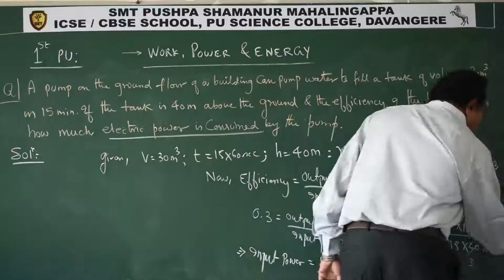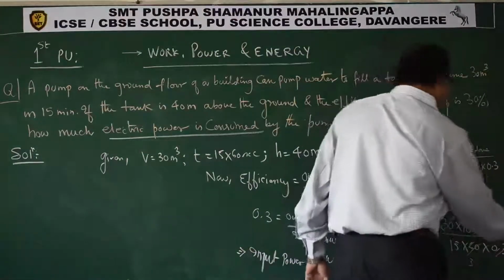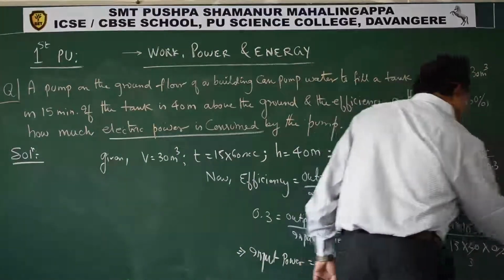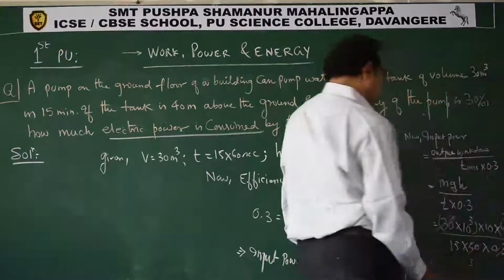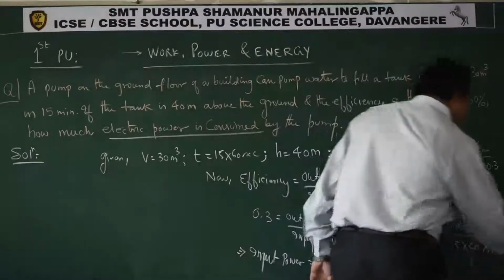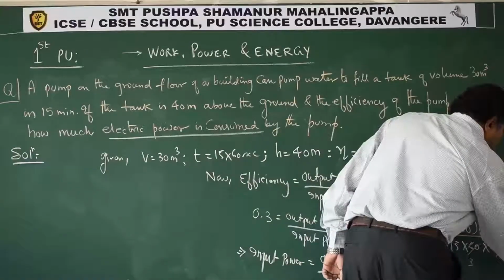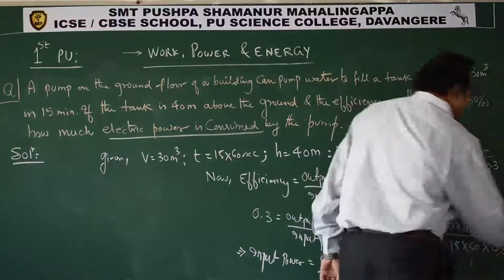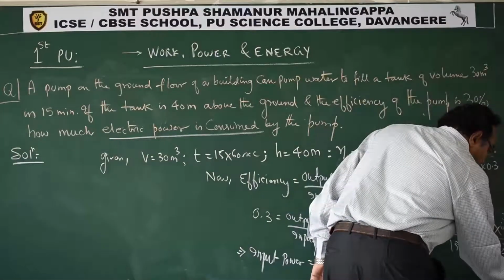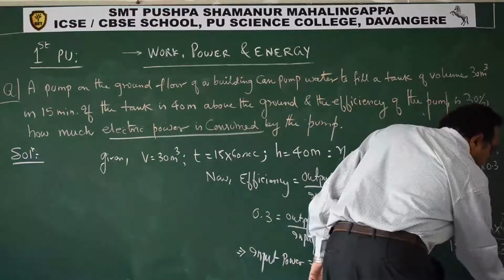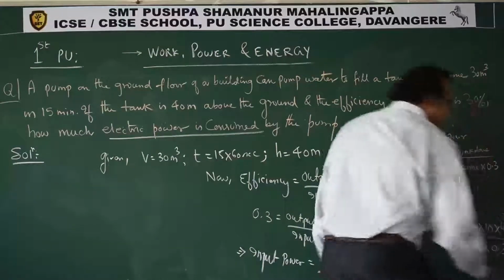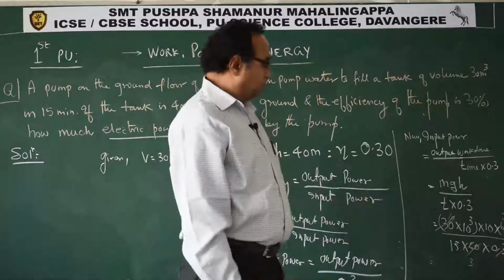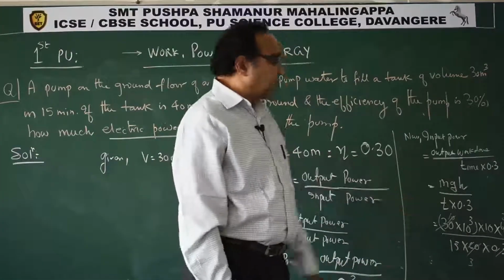So what we get is 200 into 10 power 4 upon 15 into 3 is 45. You can do it this way, 15 into 3. So 5, 3, 15, 5, 4, 20. So you get 400 by 9 kilowatt. That is exactly what we get. So approximately this is what we get as the power.